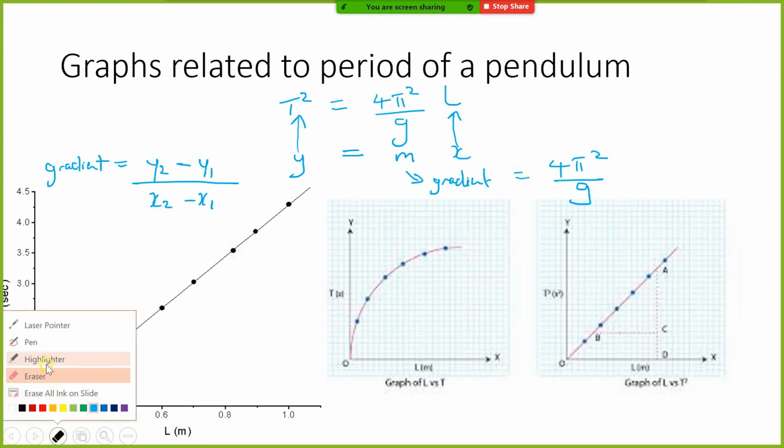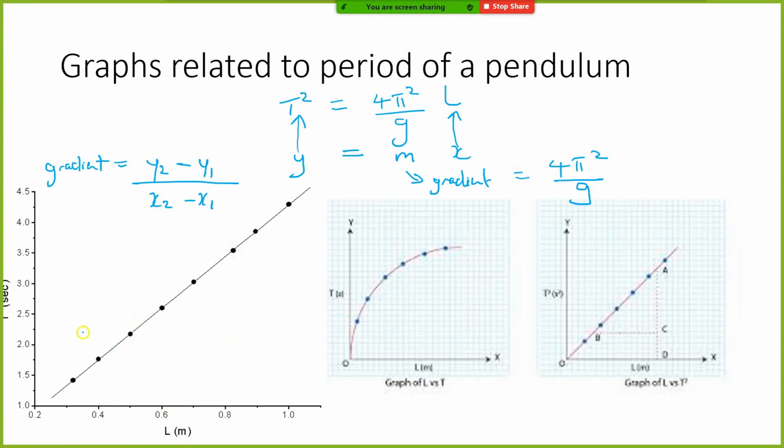If I pick a point here, for argument's sake, I'm going to try to pick a point that I can read. This is not completely accurate, so to speak, but that is what you're actually doing. We're going to just do an estimate. So that's your gradient point.